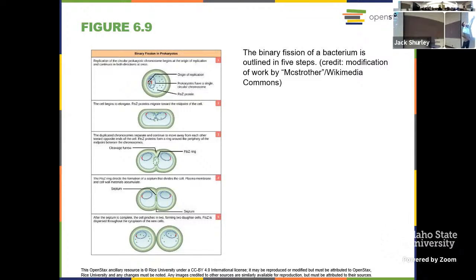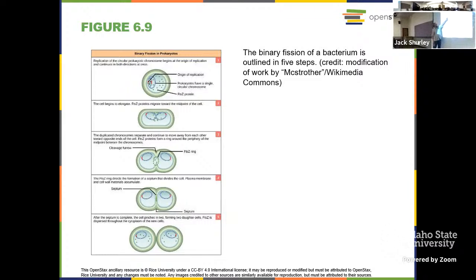There's a handful of proteins that help to facilitate the cell division. And it's not the same, but it's kind of like the proteins that are involved in cytokinesis, where we pinch the eukaryotic cell in half, right? These FTZ proteins come together. They help to get the chromosomes, and there's a lot of stuff happening here, but the bacterial chromosome, we don't have all of these microtubules that help to pull and do whatever.